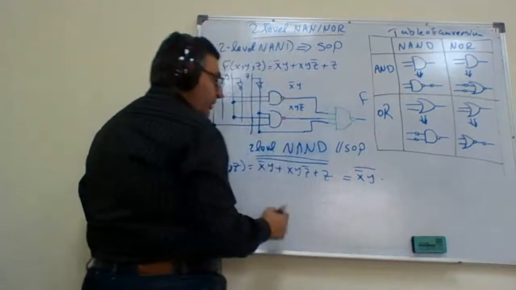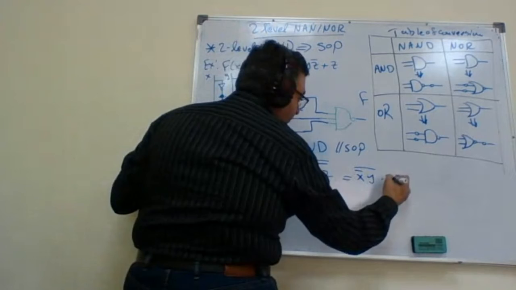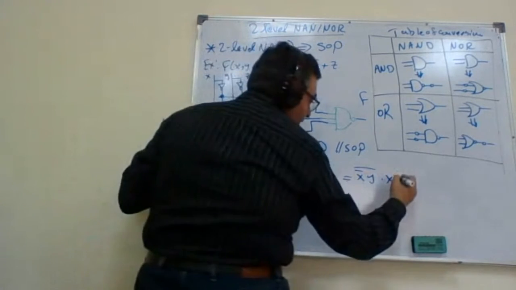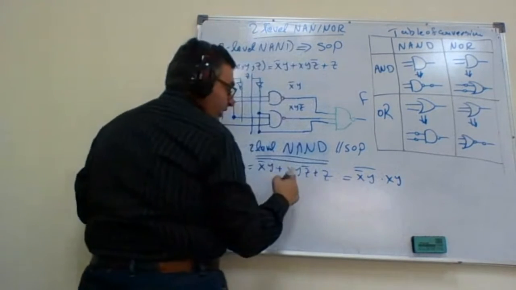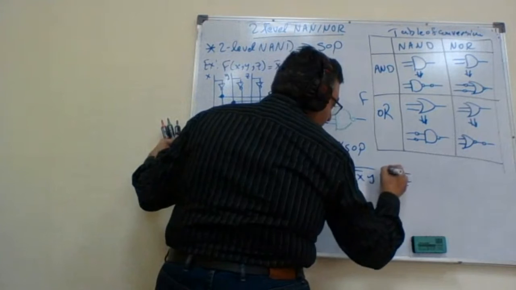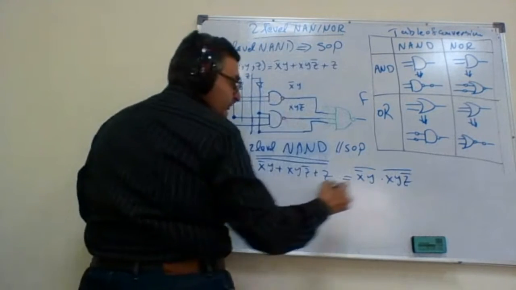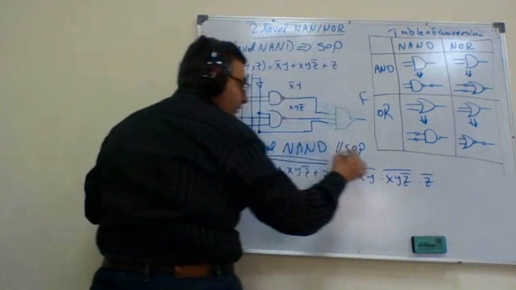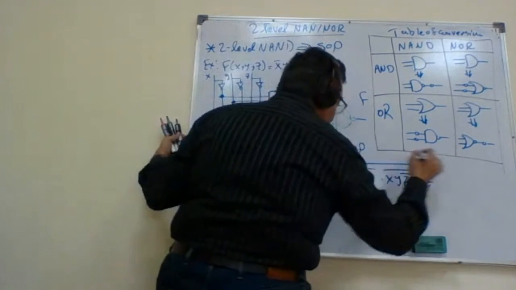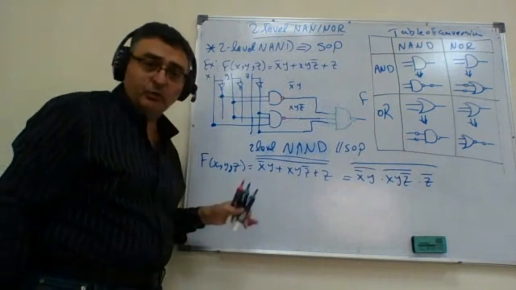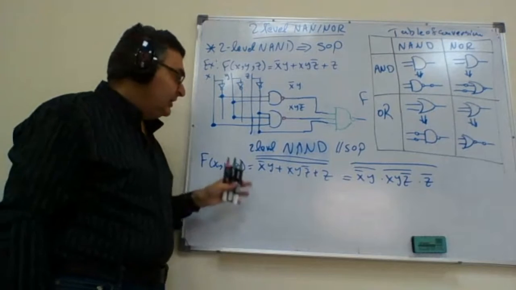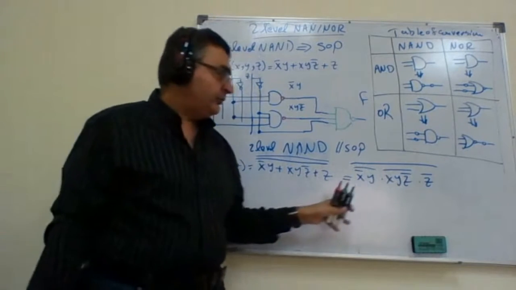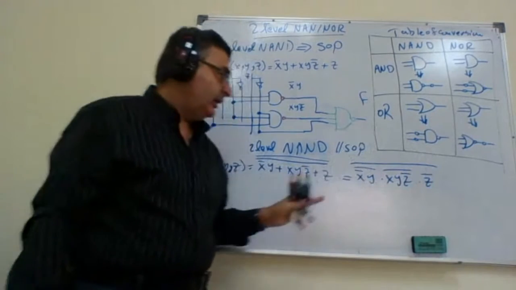Dot, when I break using De Morgan, I'm changing the operator from OR to AND. So x, y, z bar. And finally, z bar. Remember that I put 2 bars because I don't want to change the function. I want to keep the function as it is. So the function right now is converted to the following equation.